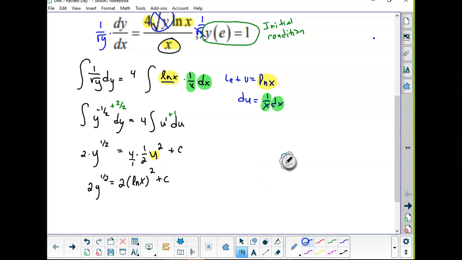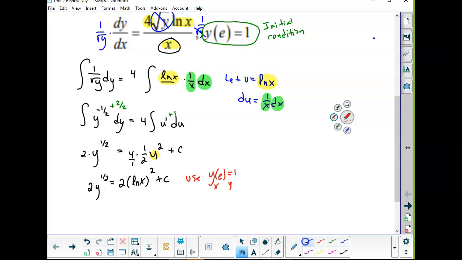Alright, so now we're at the point. The first time c appears when it's written in terms of x and y, that's when you use the point when x is e and y is 1.